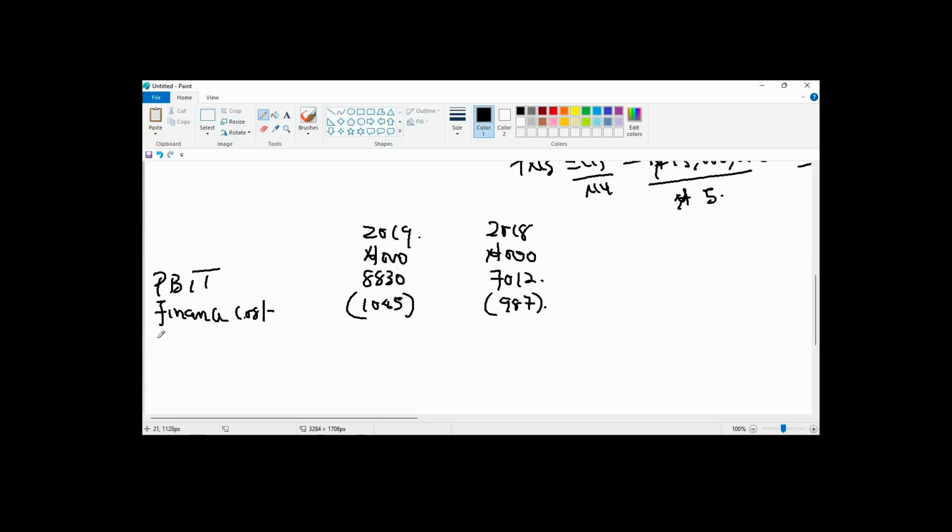Next, this will now give me profit before tax. I have removed the interest. What is now the profit before tax? 7785. Which one? 2019. 7785.